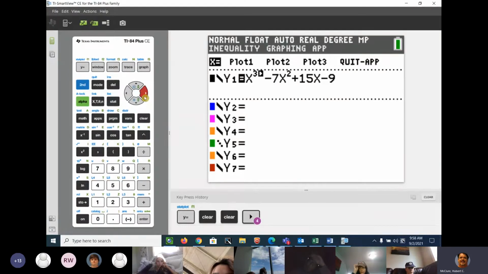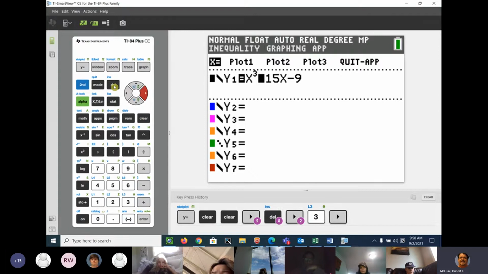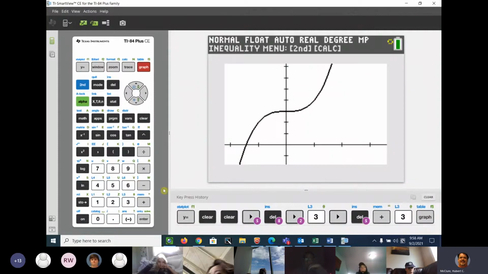So I just need to delete the rest of this. I will never understand the delete process on this calculator. You hit delete and it jumps up to the previous. I don't understand that. If you go slow, there we go. Plus 3. And graph. There you go.